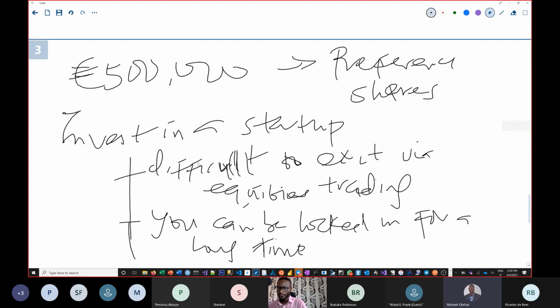So what they do is one way of at least getting back some of their money, because as a PE firm, as a VC firm, you also need income.